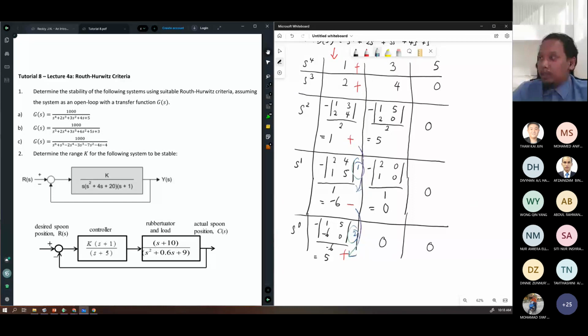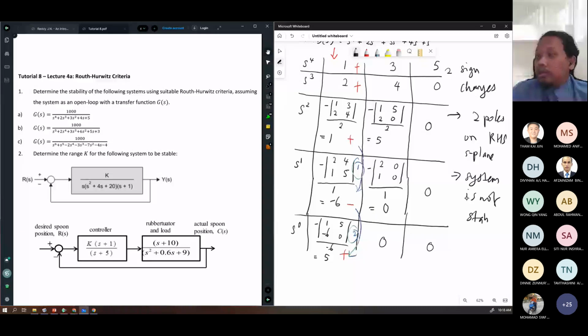So here we have two sign changes, meaning that there are two poles on right hand side of S-plane. So when you have poles on the right hand side of S-plane, meaning that the system is not stable.